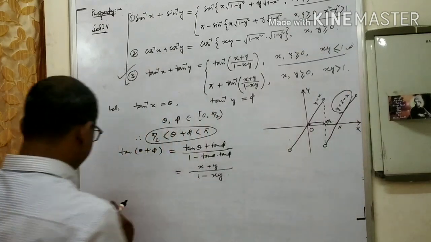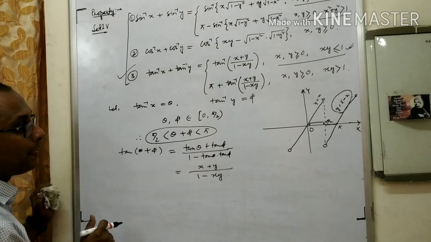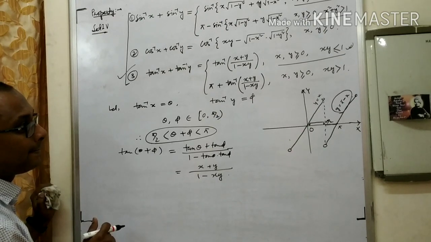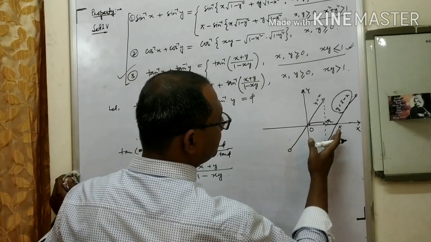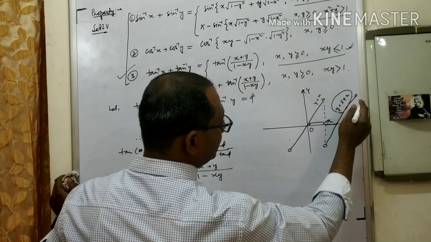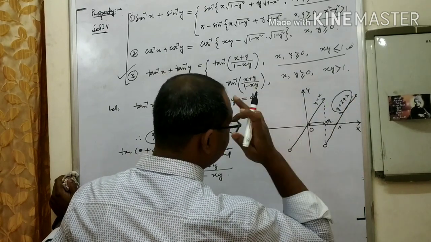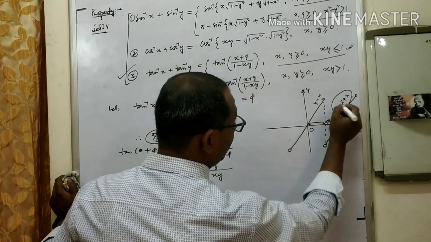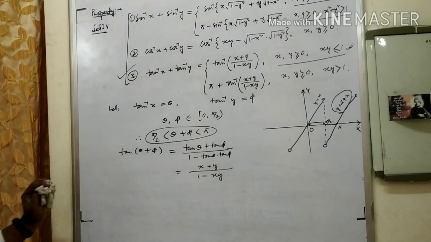Okay, no problem. y equal to y minus x, positive slope, and y equal to 0 is equal to minus pi plus x.